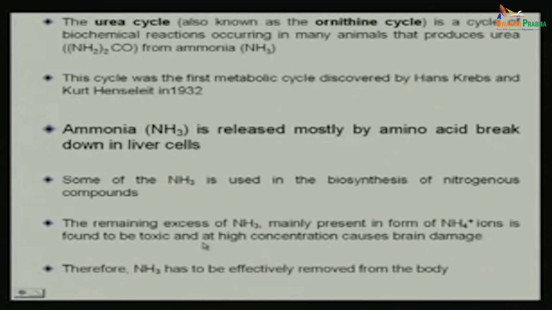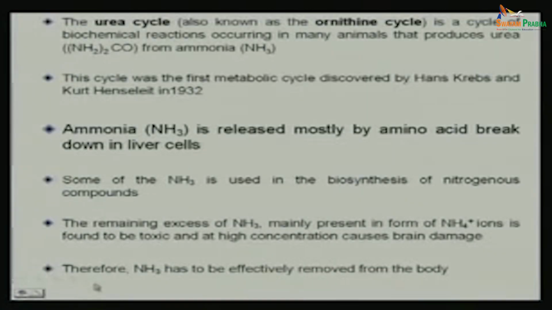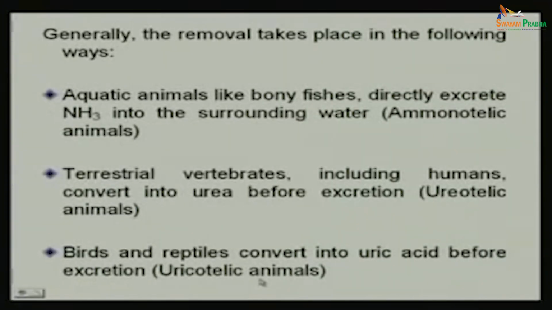If it starts accumulating, it causes brain damage. So this byproduct produced inside the cell has to be removed. And how is it removed? It is removed through this urea cycle. So ammonia has to be effectively removed from the cell because of its toxic effect.